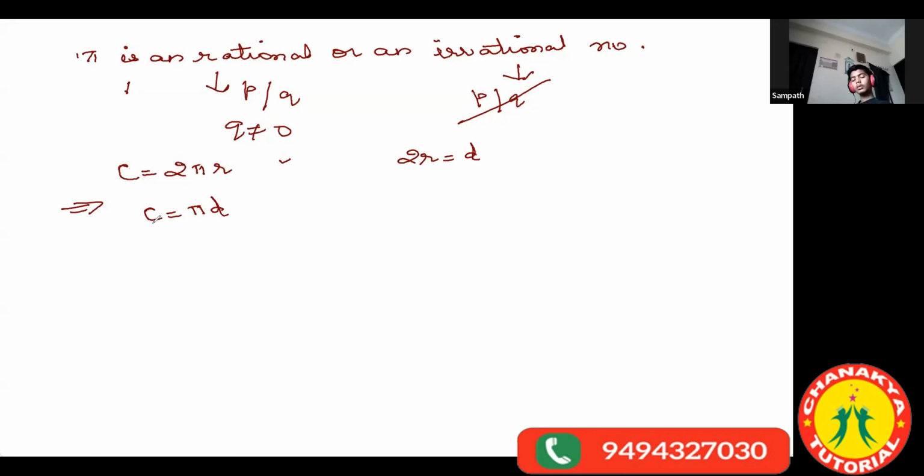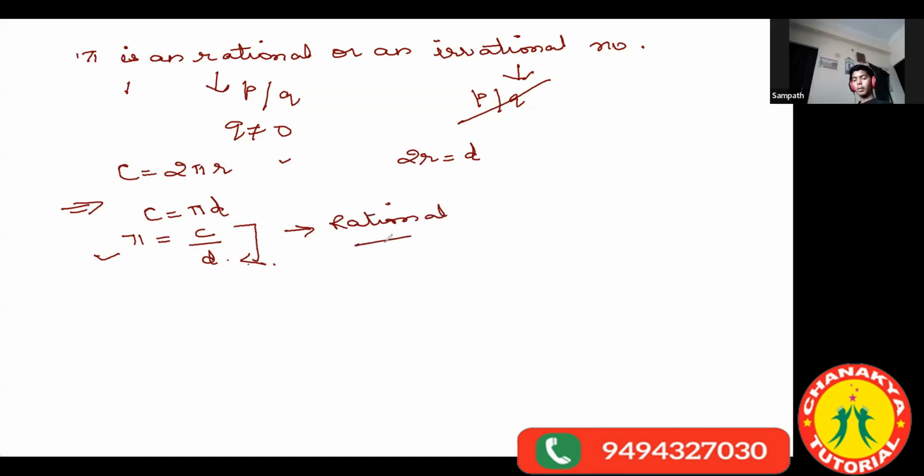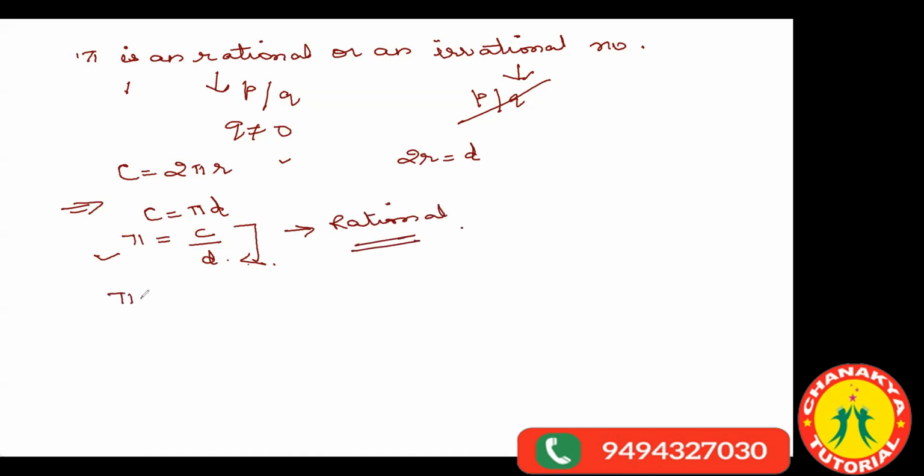You can write circumference as pi d, the product of pi and diameter. So the value of pi would be circumference divided by diameter. Clear? If you are finding the value of pi like this, then it will be rational.